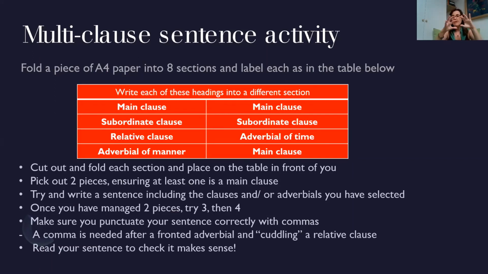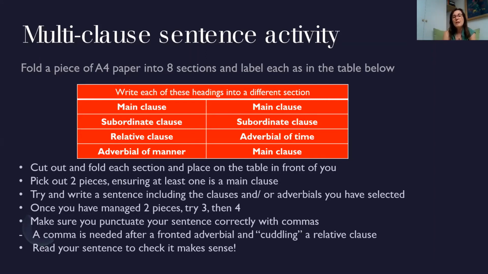You could draw lines down the folds so that they're nice and clear. Write main clause 3 times, subordinate clause twice, relative clause twice, and then have 1 adverbial of manner and 1 adverbial of time.